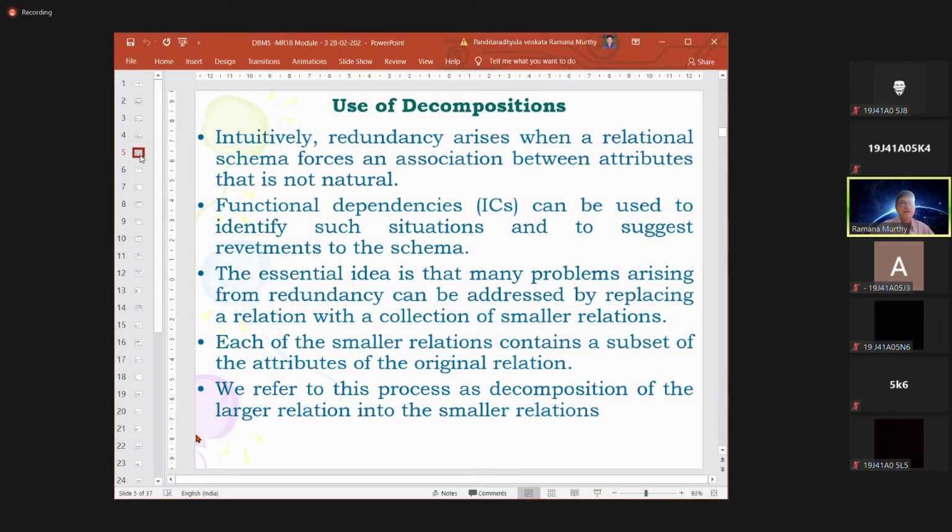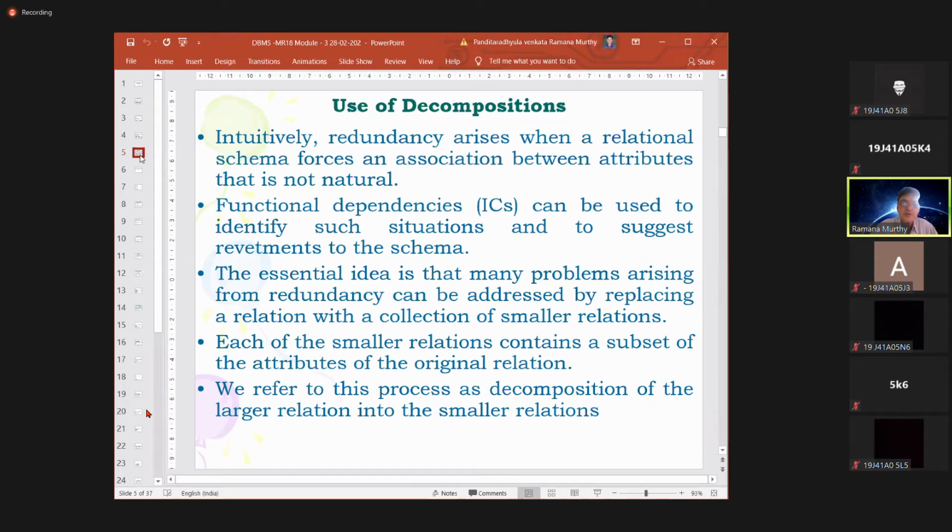So what we need to do if we are getting this redundancy? What we identified previously, the hourly wages and rating together, but we are storing both attributes repeatedly. It is nothing but duplication.